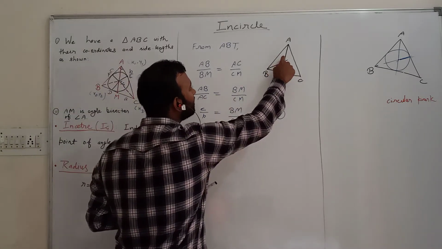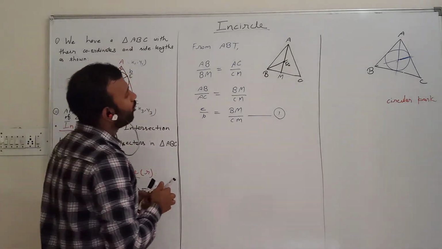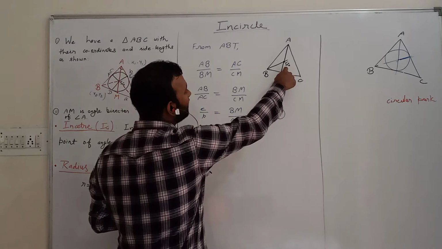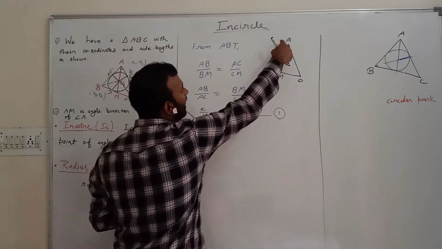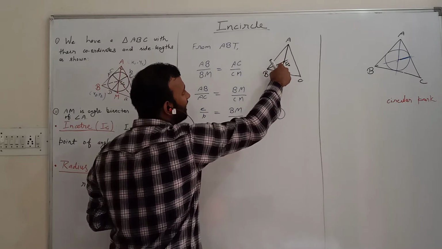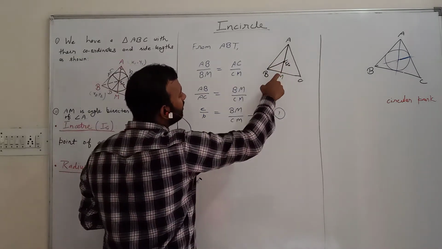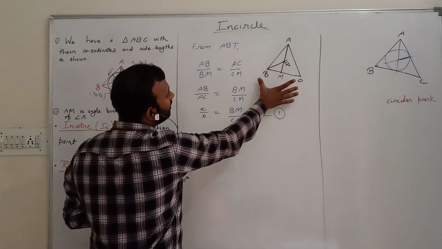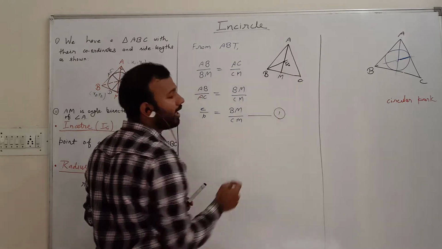We have to find the coordinates of this center. If you observe, I is dividing the line AM in the ratio AI and IM, and the point M is dividing side BC in the ratio BM upon MC.